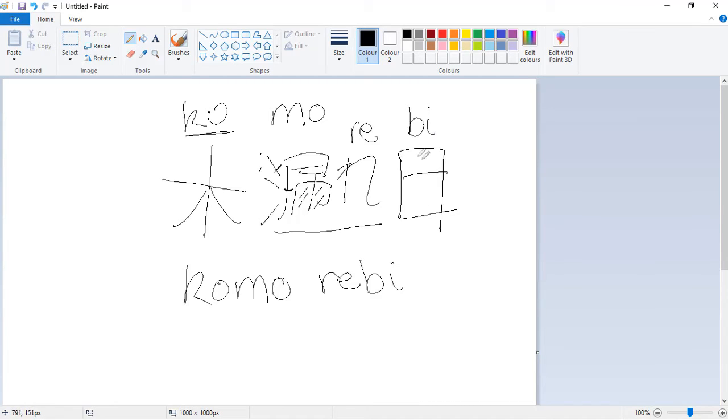Actually, an interesting thing about the sun kanji, aka day kanji, this is used for days of the week. So you can imagine each new sun is a new day, and the moon is used for months.